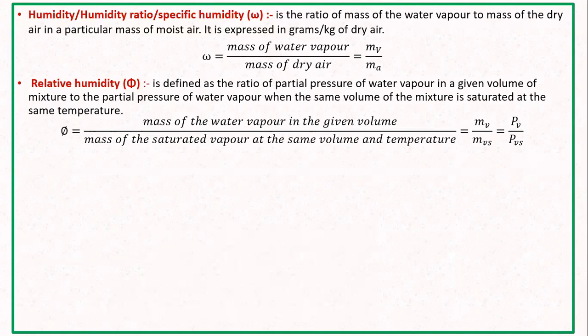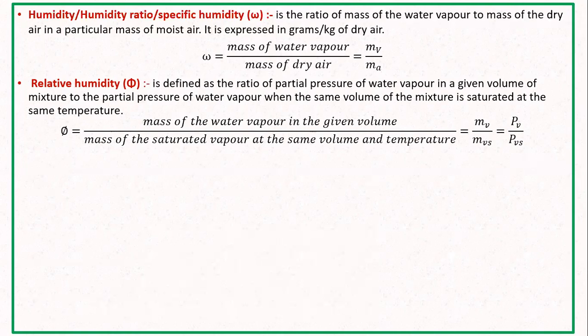Next is relative humidity. This relative humidity is defined as the ratio of partial pressure of water vapor in a given volume of the mixture to the partial pressure of the water vapor when the same volume of the mixture is saturated at the same temperature.